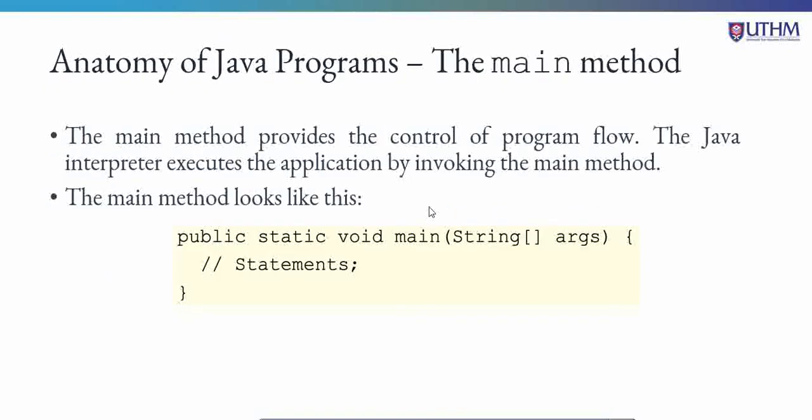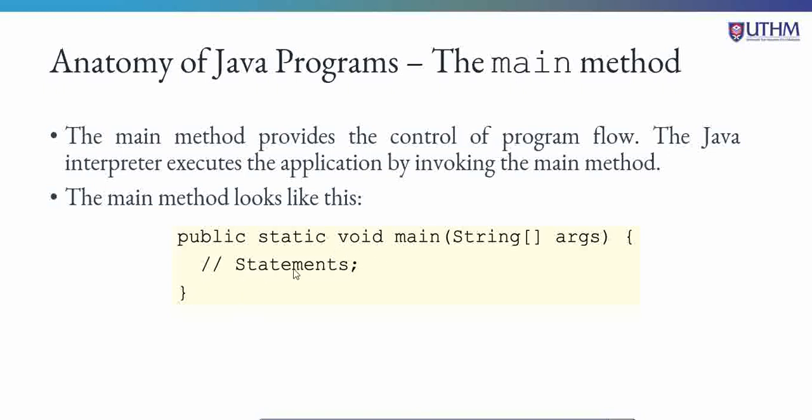The main method provides the control of program flow. The Java interpreter executes the application by invoking the main method. The main method should look like this: public static void main.